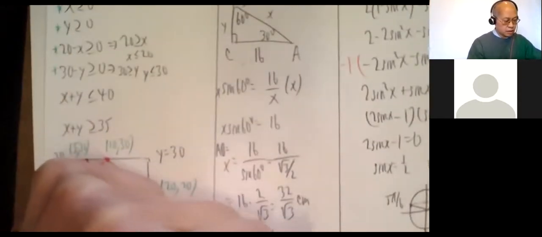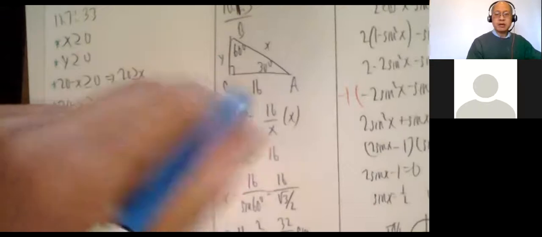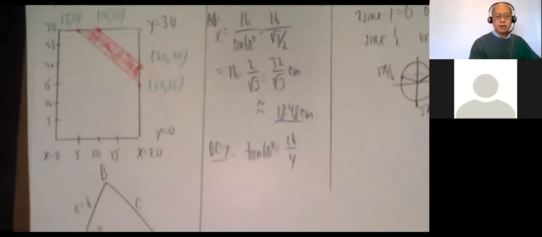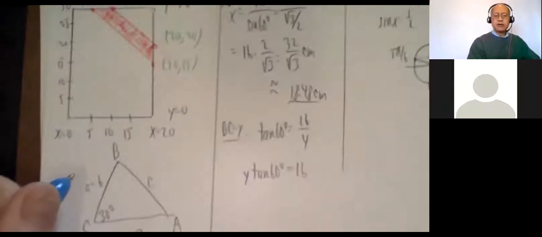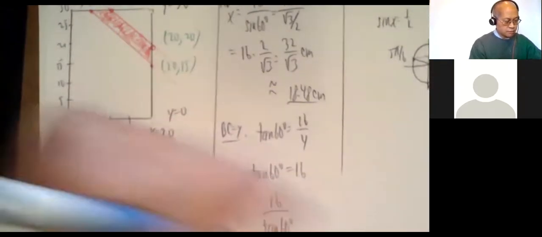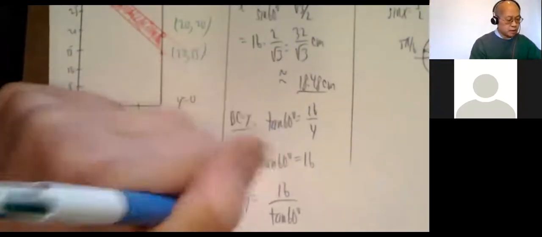So tangent of 60 degrees is opposite over adjacent, 16 over Y. Multiplying by Y, Y tan 60 degrees is 16. Y equals 16 divided by tangent 60. And yes, that's the same as BC.